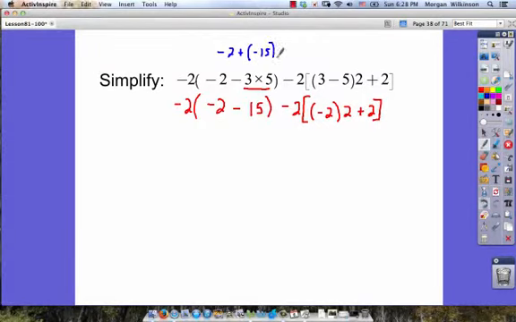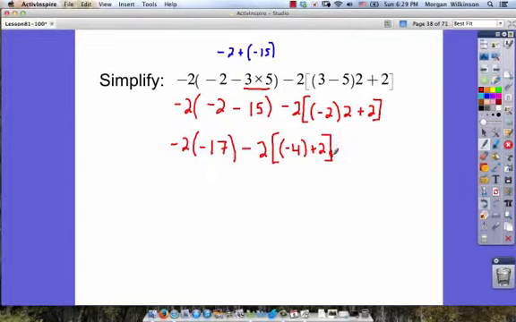That must be negative 17. So we're going to get negative 2 times negative 17 minus, well, within our parentheses we have negative 2 times 2. That's going to be negative 4. So we're going to write out negative 2 times, we've got negative 4 plus 2.